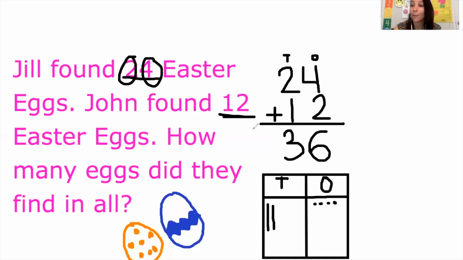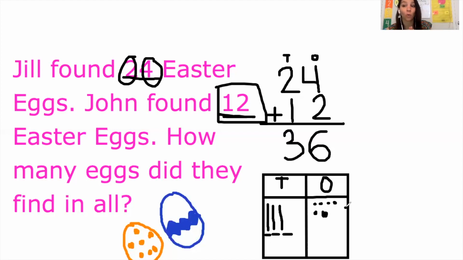Now I'm going to draw how many eggs John had. He had 12. In the number 12, there's 1 ten and 2 ones. 1, 2. 10, 20, 30, 31, 32, 33, 34, 35, 36. So you can do either or. You can draw it or you can write it out.